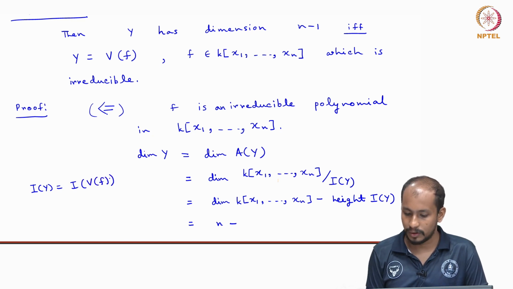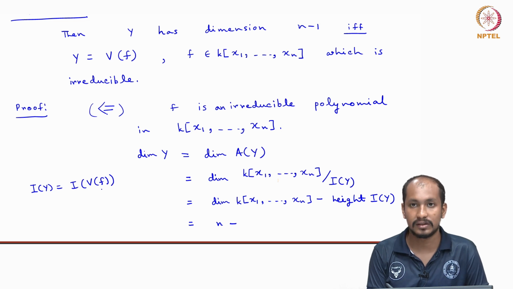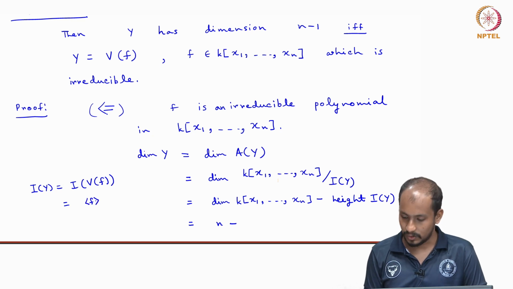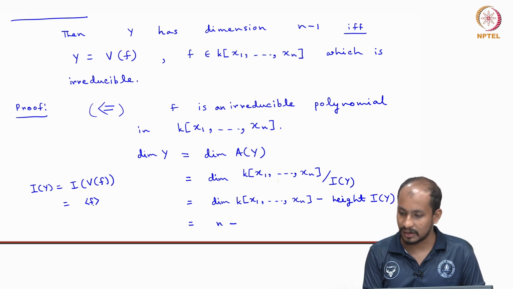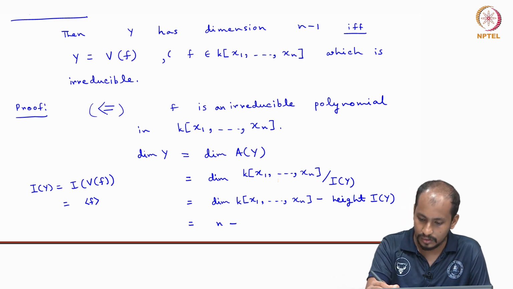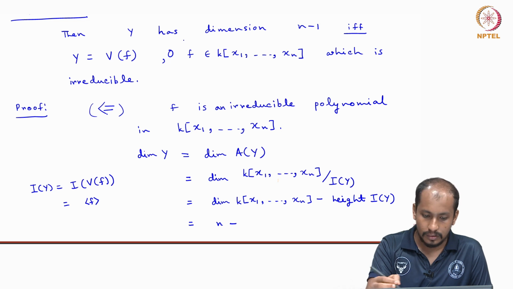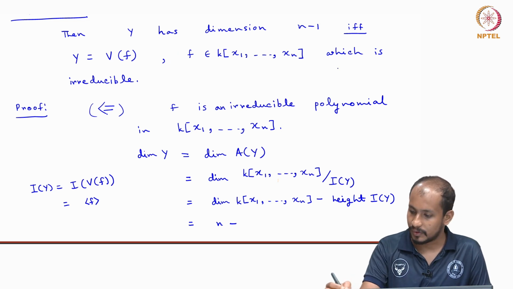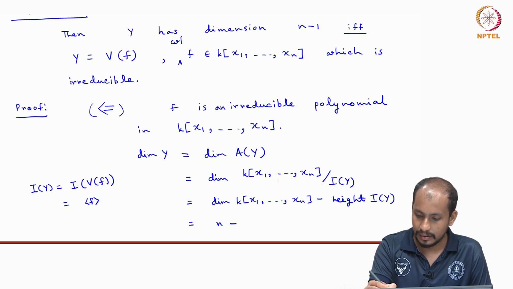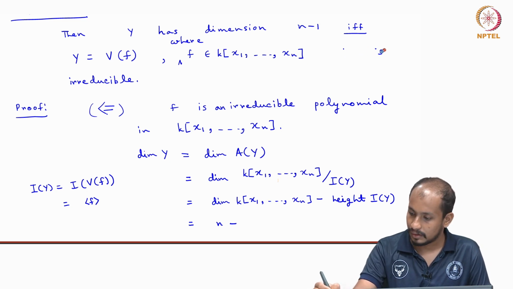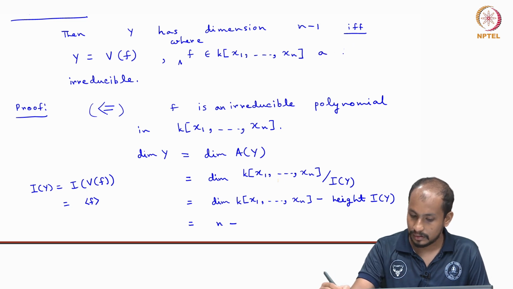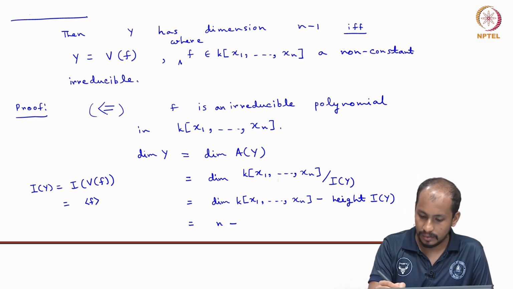Now because f is an irreducible polynomial, the ideal generated by f is a prime ideal, so I(Y) equals the ideal generated by f, where f is a non-constant irreducible polynomial.